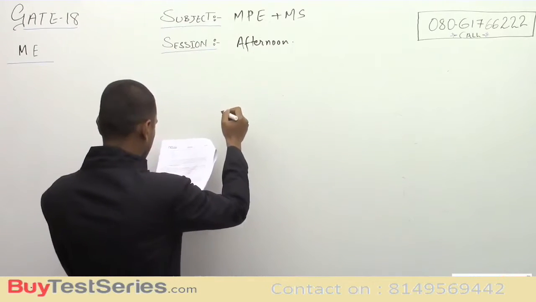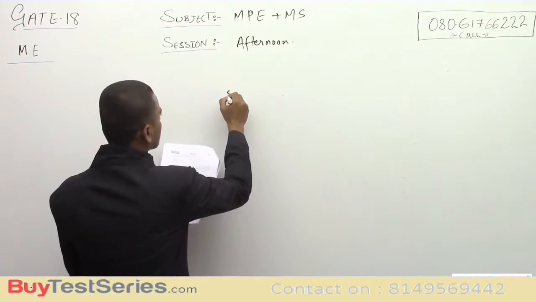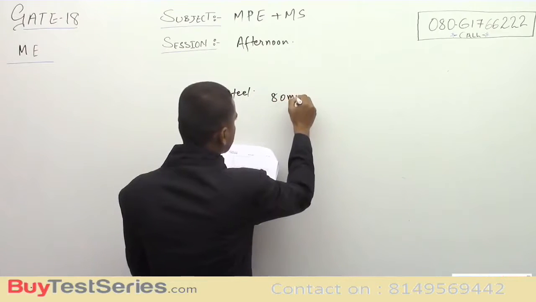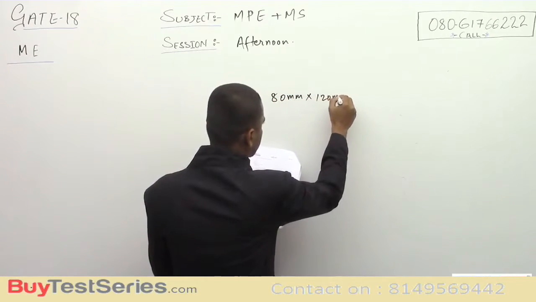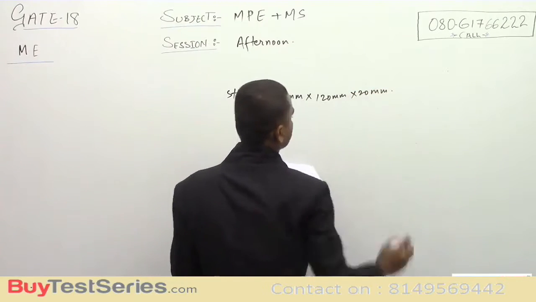So we have to do a steel casting, a casting of a steel having its dimension 80 mm into 120 mm into 20 mm.